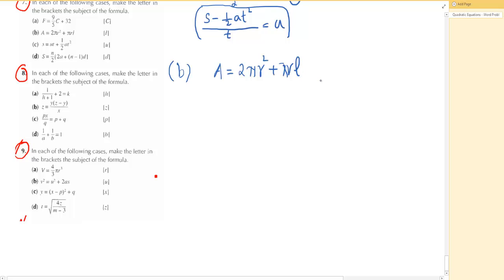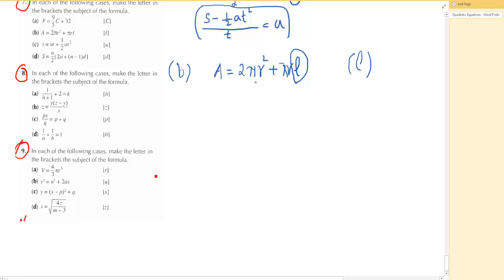This is the formula in D2 in topic pyramid, sphere and cylinder. Basically this is the area formula. This is the surface area of cone formula. And here we have to make L the subject. Where is L? L is over here.